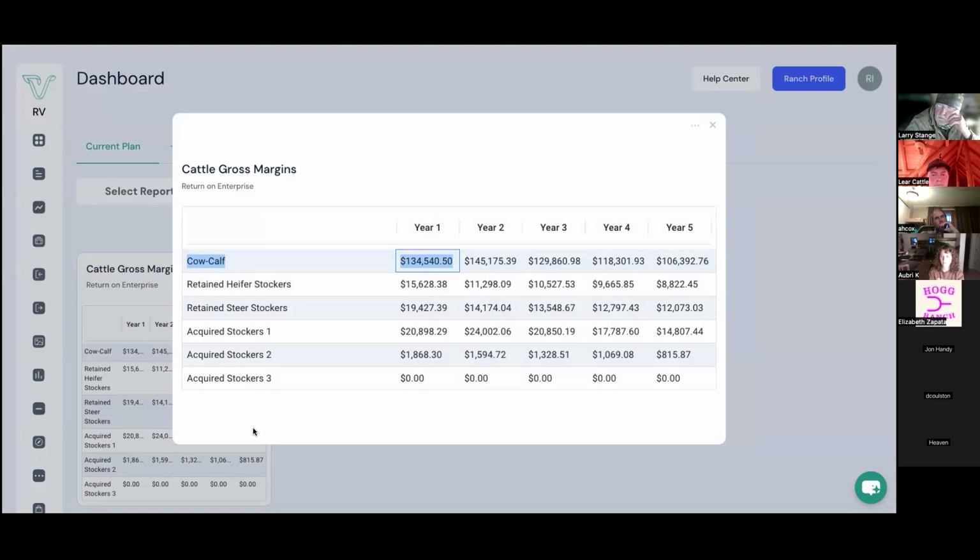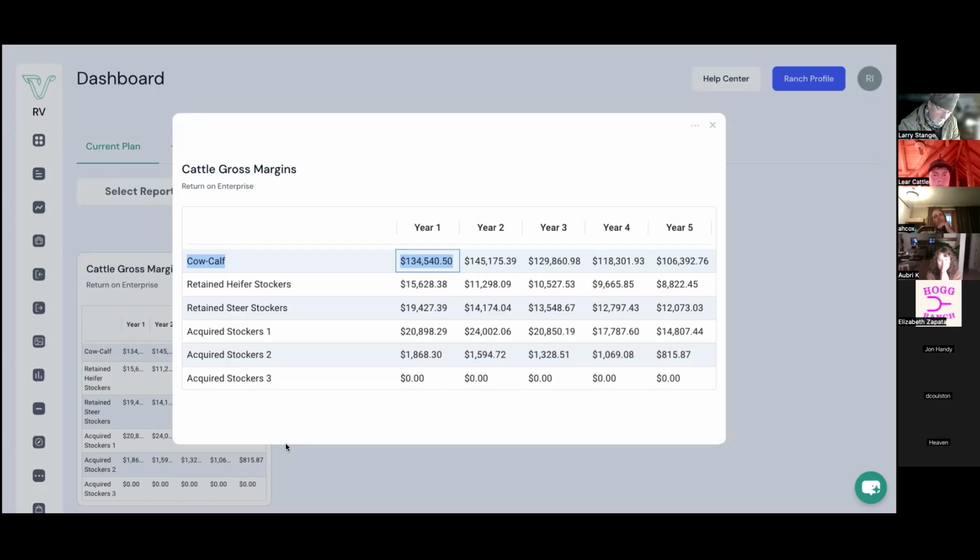So it doesn't really allow you to look at two different breeding enterprises if you have two calving seasons, a fall season and a spring season. But you could do that with the scenario tool, which maybe we'll look at later. That would be kind of an account structure question, Larry.